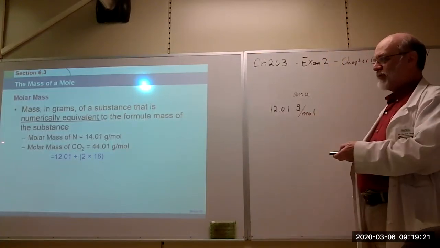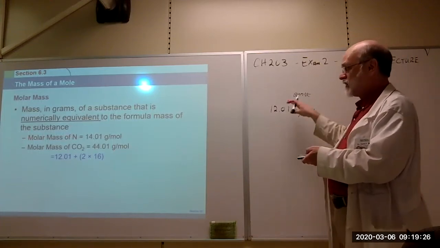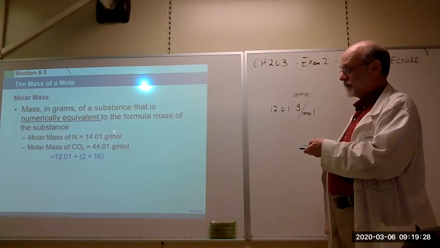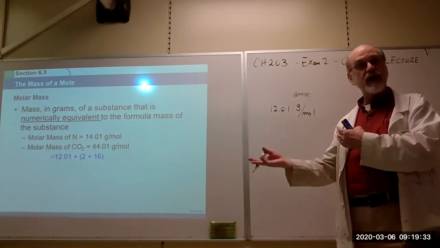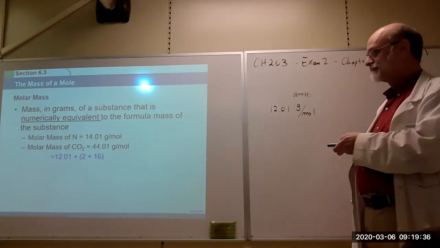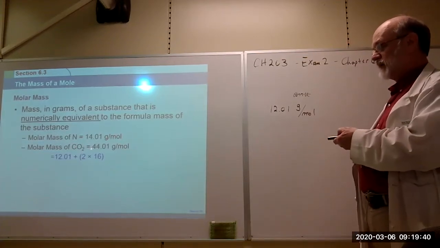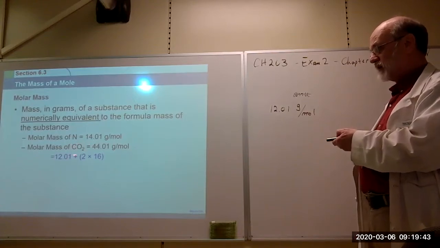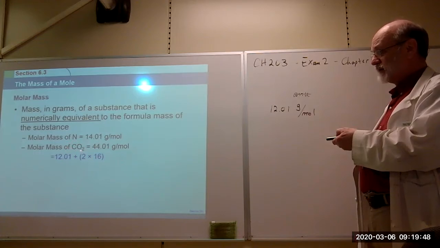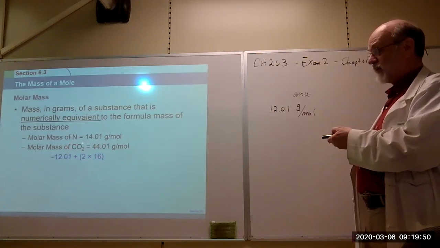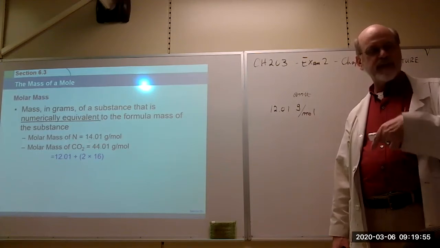We call that the molar mass. Right? So 1 mole of something weighs that much. In this case, nitrogen, 14.01 grams if you have a mole of those atoms. And you can do the same thing for compounds. Just add the carbon here together with 2 oxygens, and that compound, actually it's a molecule, weighs 44.01 grams per mole of them.